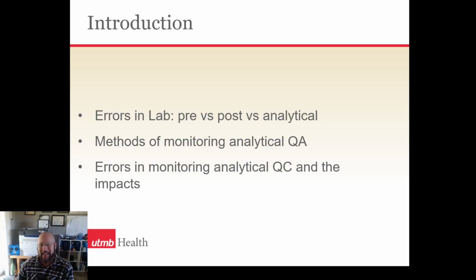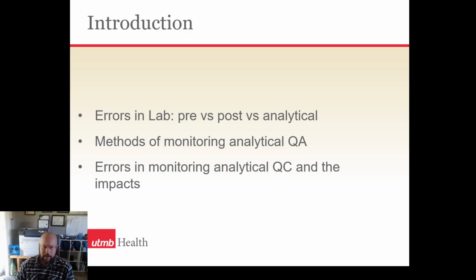statistical quality control really developed out of the manufacturing industry. So the idea of Levey-Jennings charts goes back to, I believe, the 30s. Statistical quality control really developed in manufacturing and only trickled into laboratory systems in the 50s and 60s, and really in a very rudimentary way.